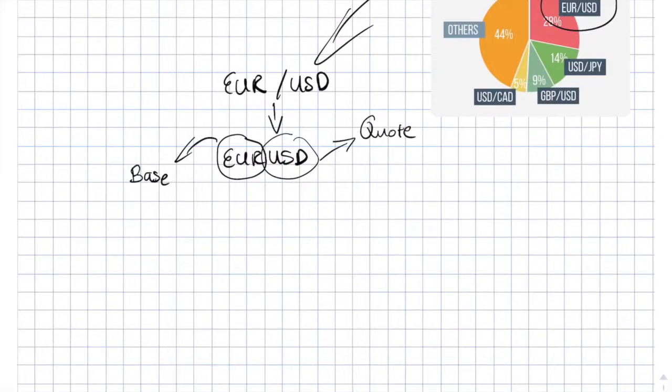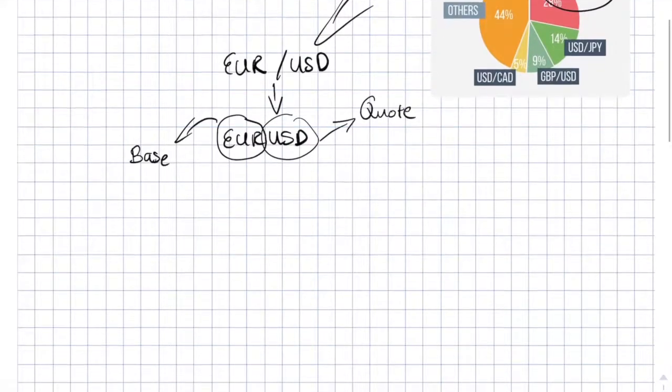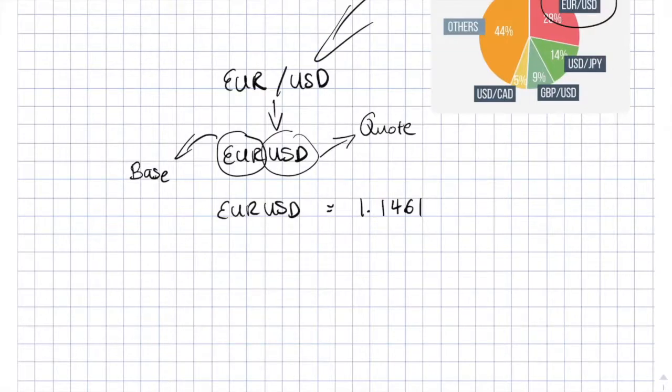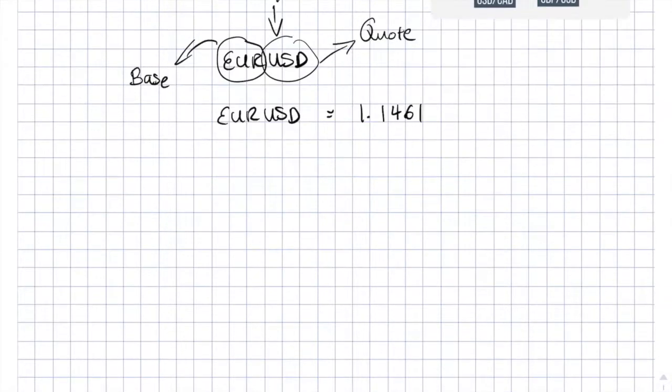Let's say the Euro USD is 1.1461. Now, what does this mean? Well, it means that 1 euro would equal $1.1461. So if I had a euro and I exchanged it, I could get $1.15. So that's all for base and quote currencies until I explain it later on.